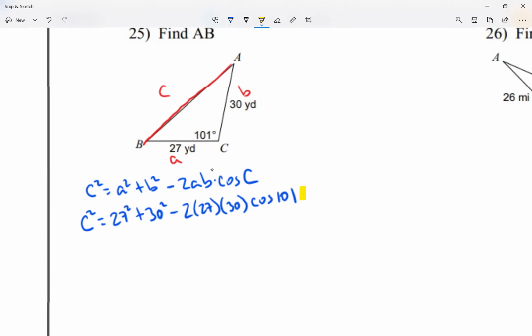Let me highlight this right here. It seems pretty long, but it is all numerical. You're not working this by hand. Just type it in. That's going to give me my C squared.